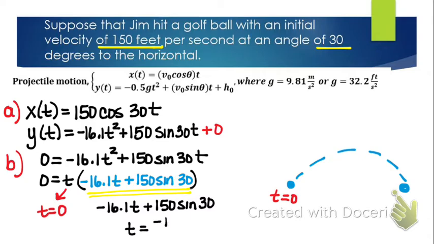So t is going to equal negative 150 sine 30 divided by negative 16.1. And when you type that in your calculator, you should get that the second t value is 4.658. So that's how long it takes for the ball to return to the ground. T equals 4.658 seconds. And that is the answer to part B. How long was the ball in the air?